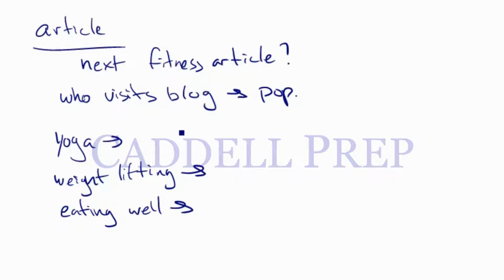But since you wanted to get the opinion of the entire population of people who come to this blog, it'll be best to have the survey on the main page, because this way there are no biases built in. Anybody could be on the main page. So not just people who want to read about yoga, weightlifting, or eating well. Everybody will be on the main page.